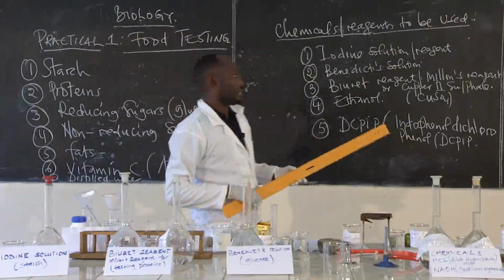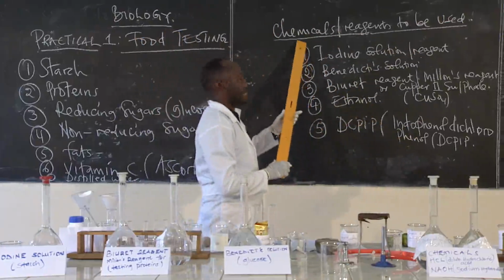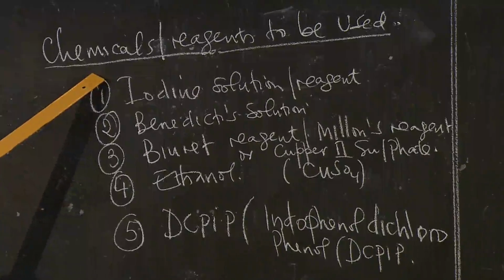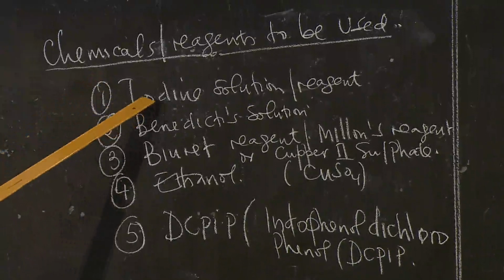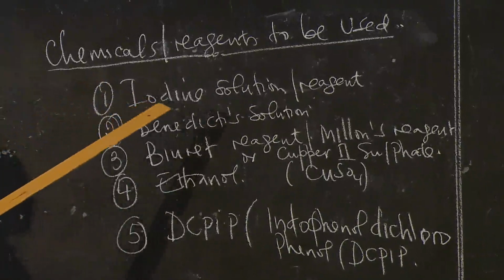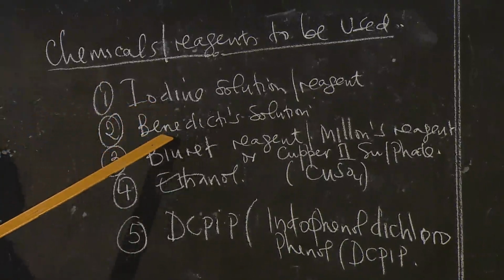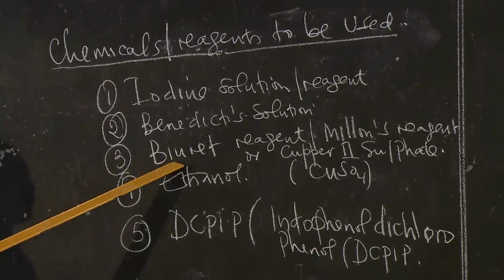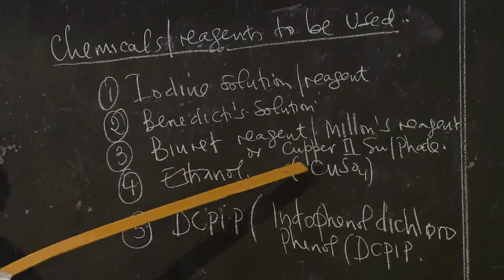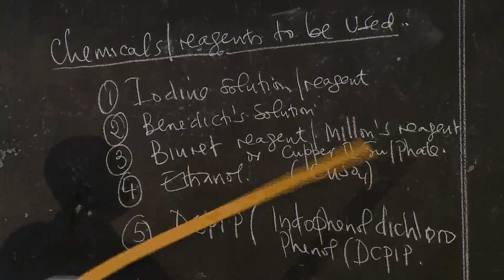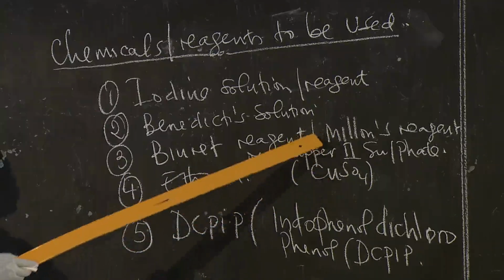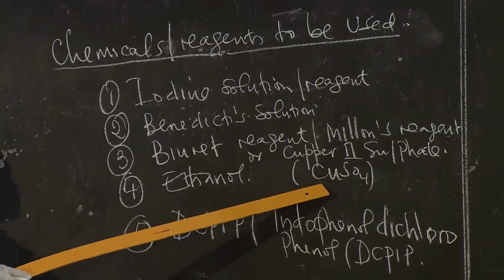So, students, here are the reagents and chemicals that we're going to be using today in testing the food components. We're going to be using iodine solution or iodine reagent, Benedict's solution, and biuret reagent or Millon's reagent or copper sulfate. These three can be used for testing the presence of proteins in food.